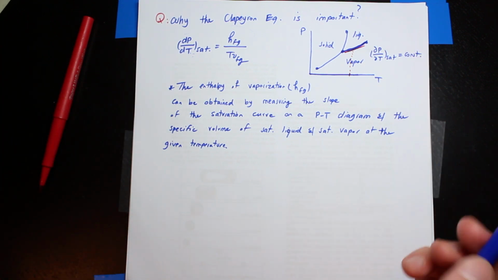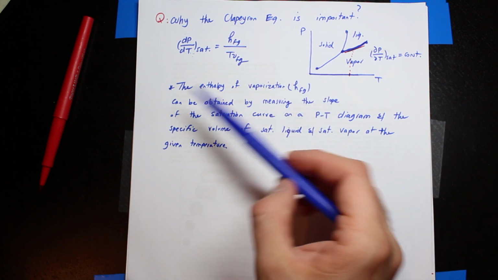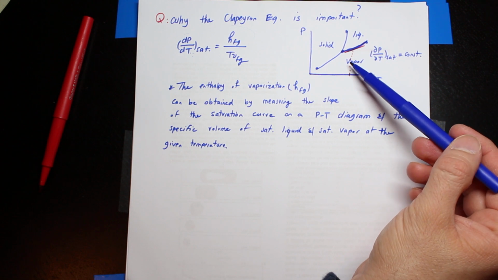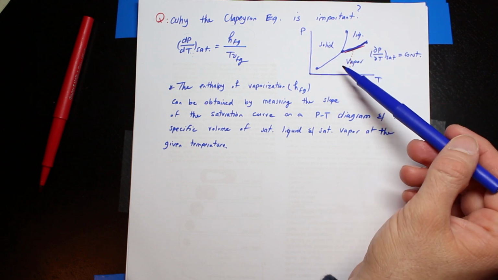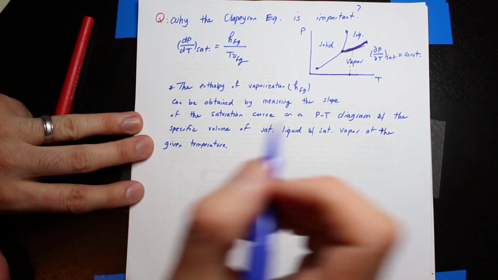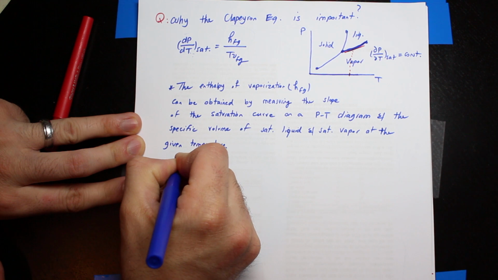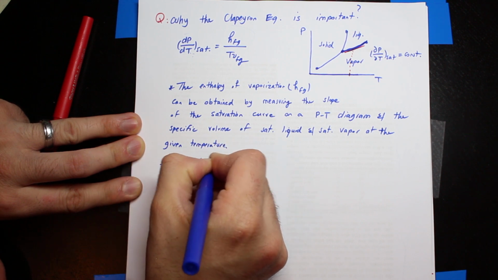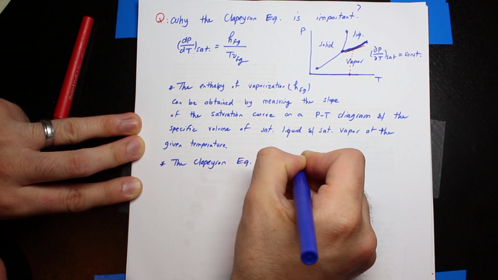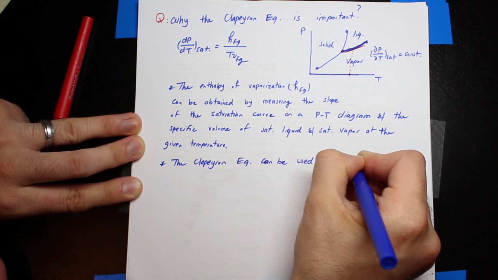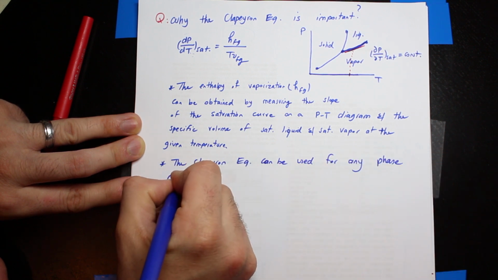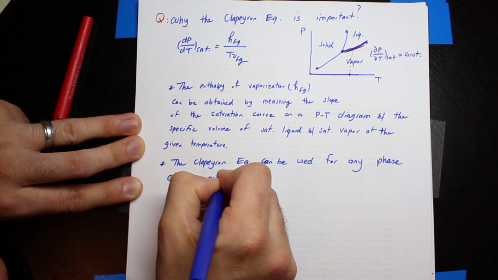We should be careful that this Clapeyron equation can be used for any phase change. It doesn't need to be between liquid and vapor. It could also be between solid and vapor, or even between solid and liquid. For any phase change, we can utilize this. So let me just add that the Clapeyron equation can be used for any phase change process.